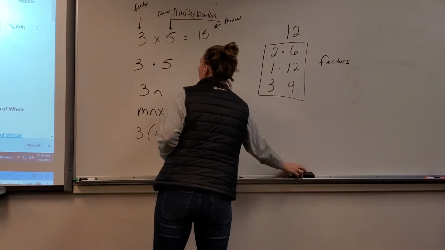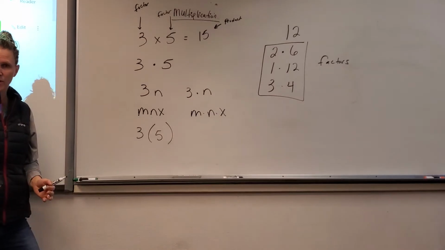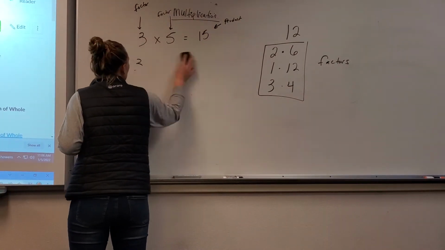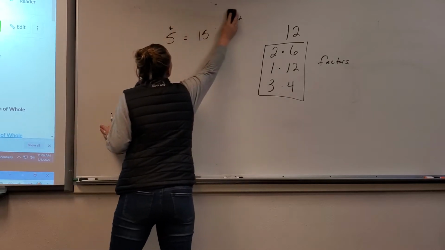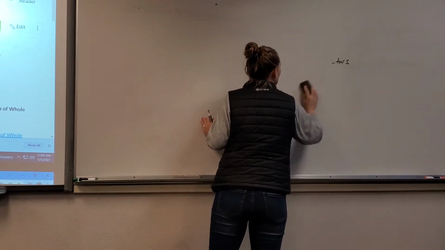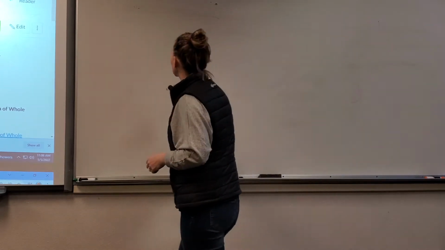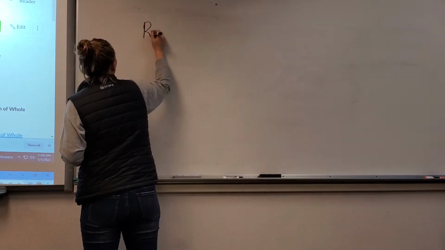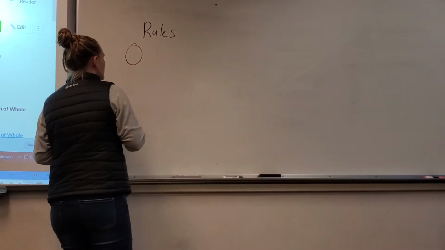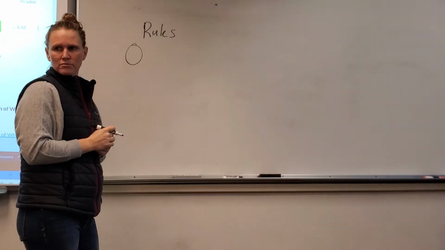Okay. Can I erase what I have here? Good. We have some rules in math that are law. They always happen. So I'm going to say the rule of 0.